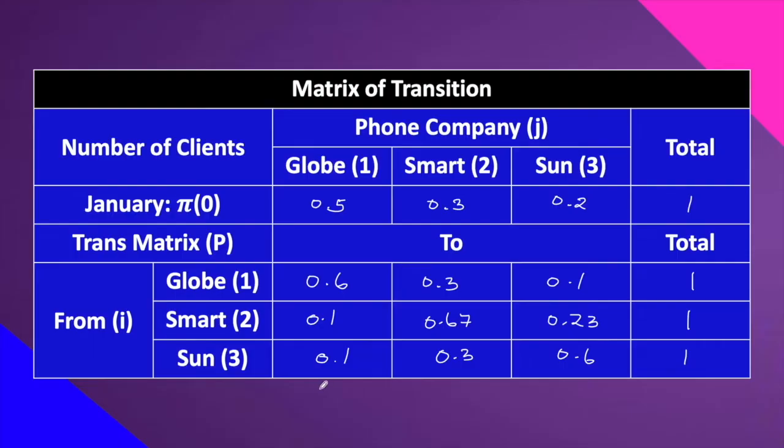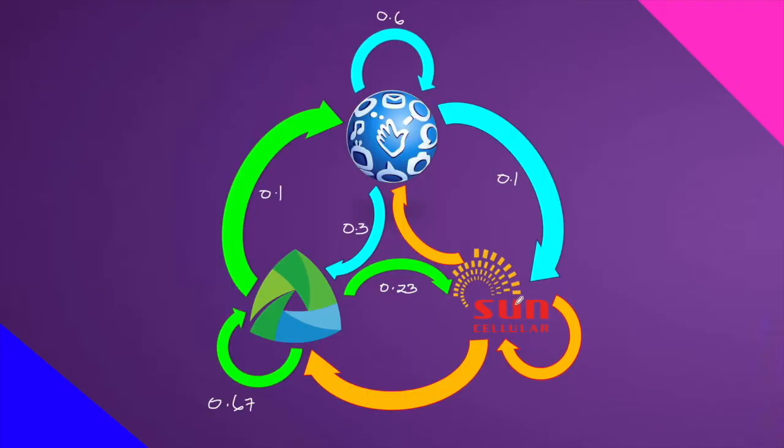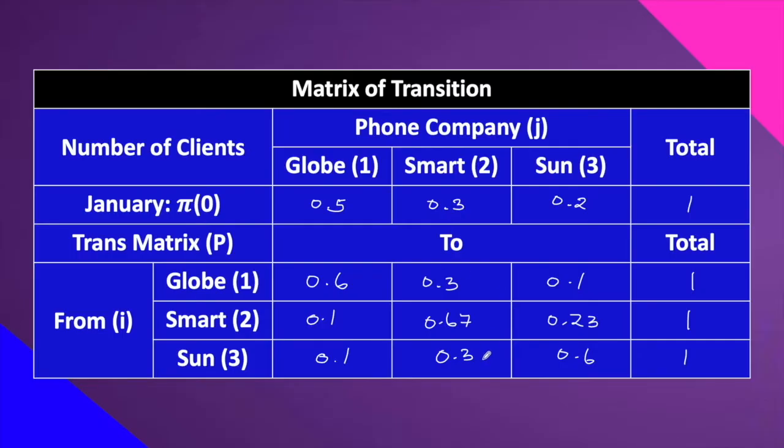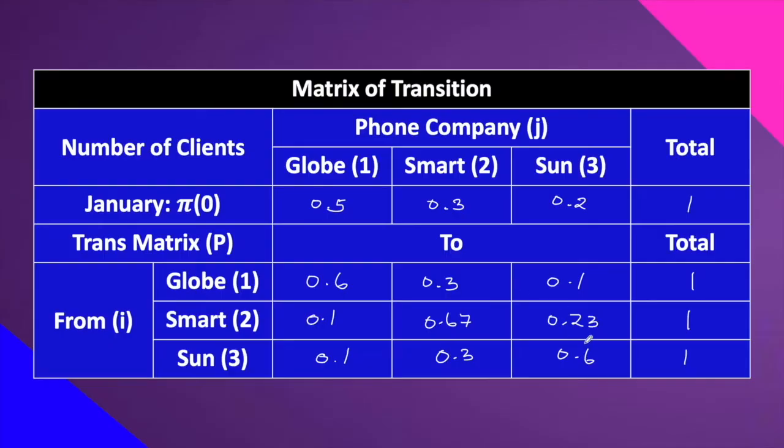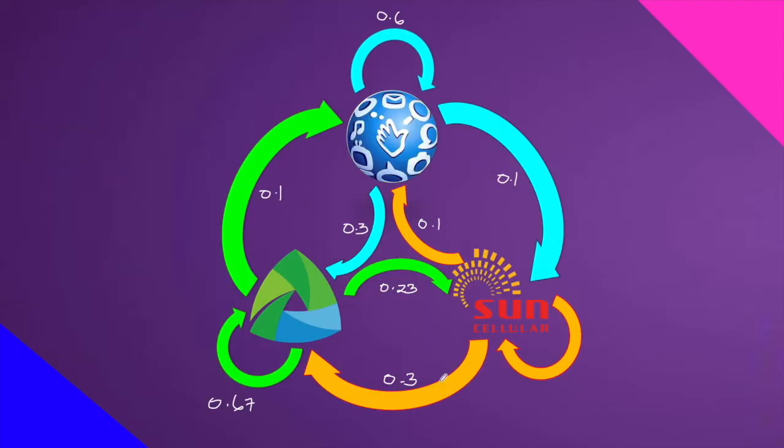Next, Sun to Globe, we have 0.1. Sun to Globe, where is that? Here, the orange one, 0.1. Next, we have Sun to Smart, 0.3. Sun to Smart, here, 0.3. And next, we have Sun to Sun, 0.6.